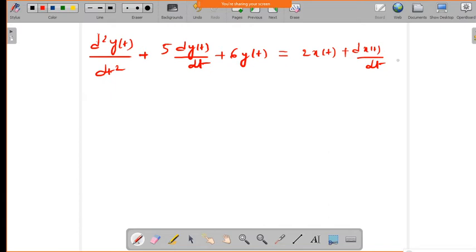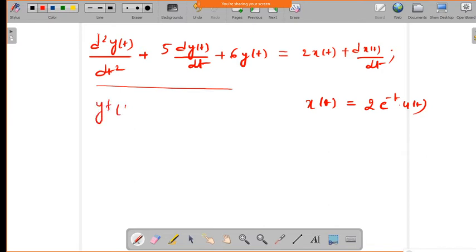Find the forced response when x of t is given by 2 into e power minus t into u of t. So find out what is the forced response of this system.